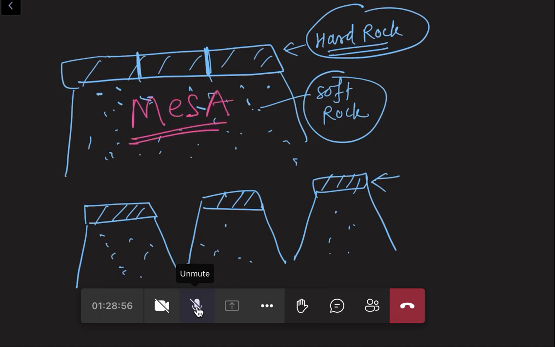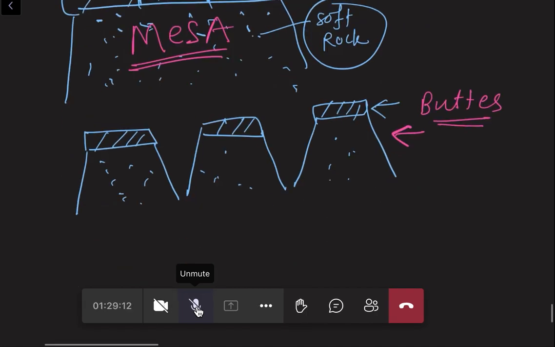Now the second type of structure is called a butte. Okay, if a mesa is divided or dissected, then it leads to a butte. And if the butte is further eroded, what will we get? We will get pinnacles.